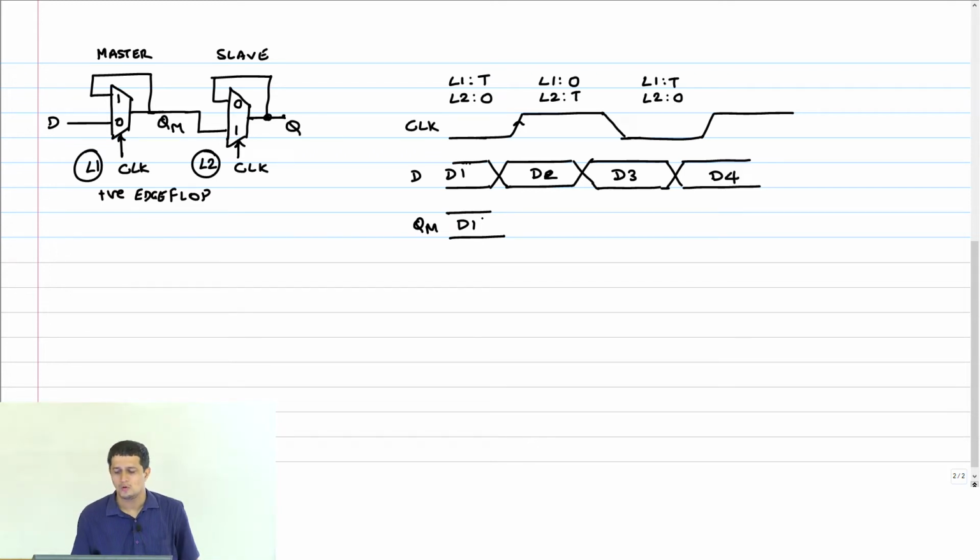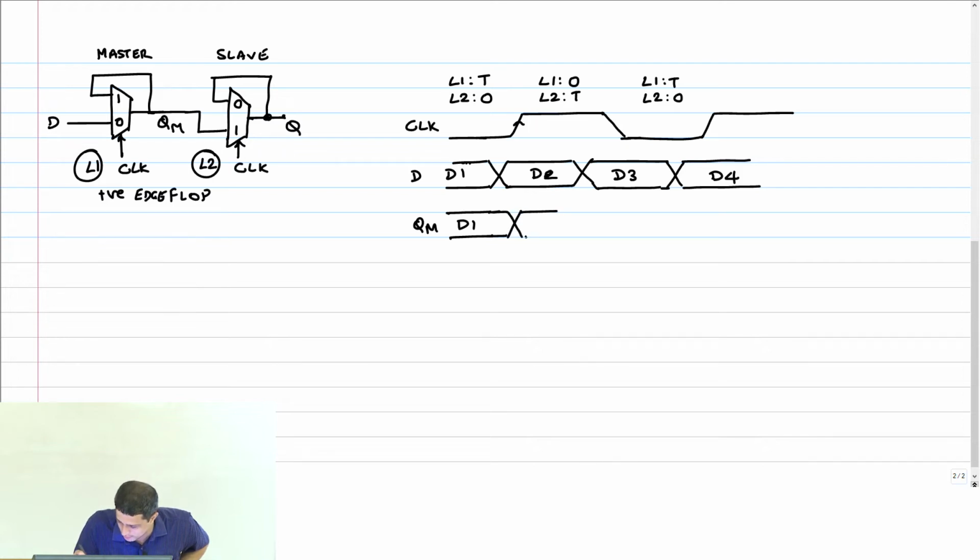Okay, now D makes a change to D2 before the clock edge. So what is the sampling edge for L1? If it's a negative latch, then it's the positive edge. So if D1 switches to D2 at least a setup time before the clock edge, then this sampling will happen properly, right? I'm not going to worry about the contamination delay right now.